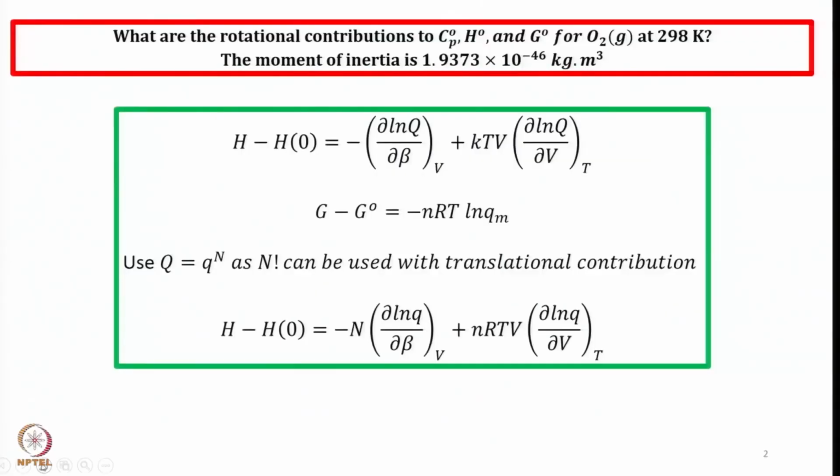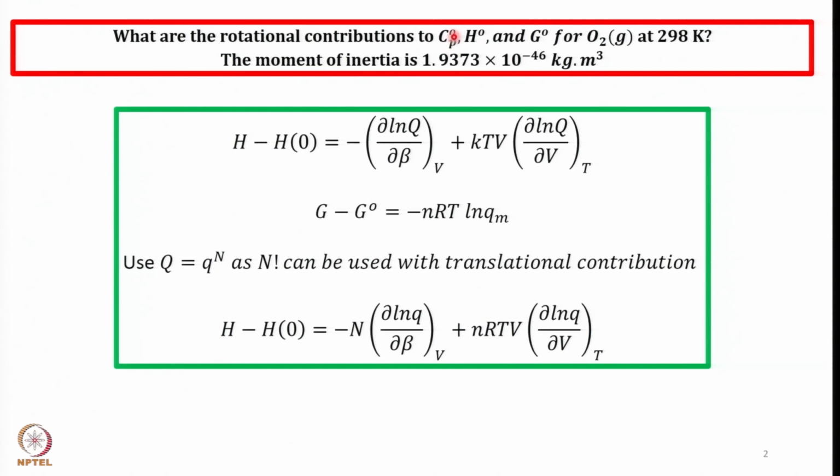Let us address some questions. The question is, what are the rotational contributions to Cp naught, H naught and G naught for oxygen gas at 298 Kelvin? The given information is the moment of inertia, and they are asking you only to focus on the rotational contribution.